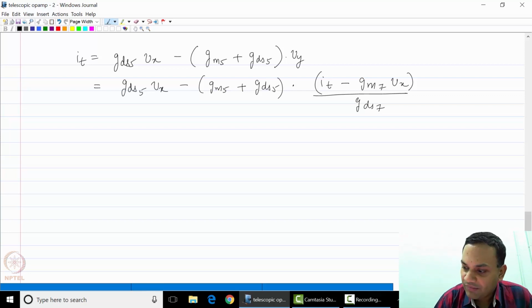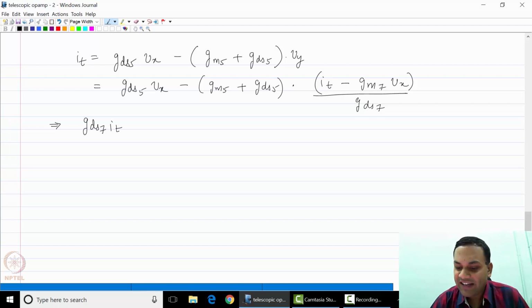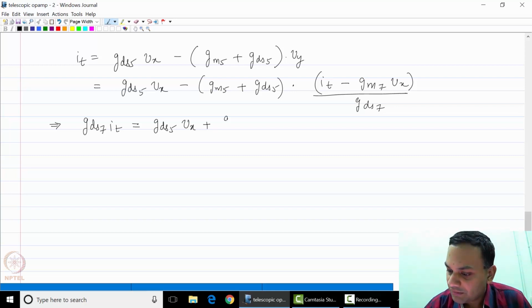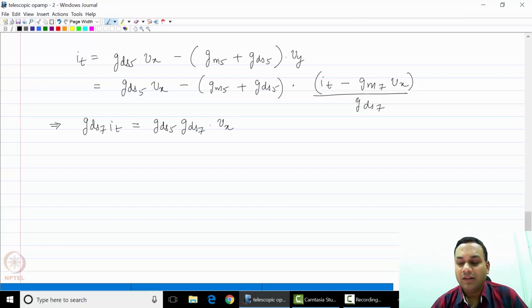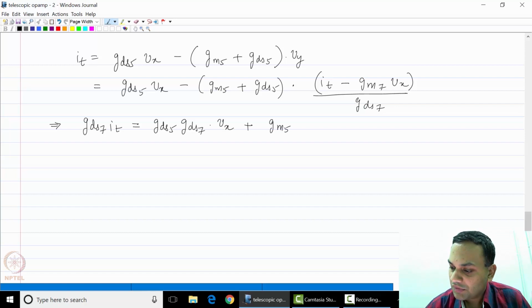Therefore, we can say that GDS7 It is equal to GDS5 Vx plus GDS5 into GDS7 into Vx plus GM5 plus GDS5 into GM7 into Vx.